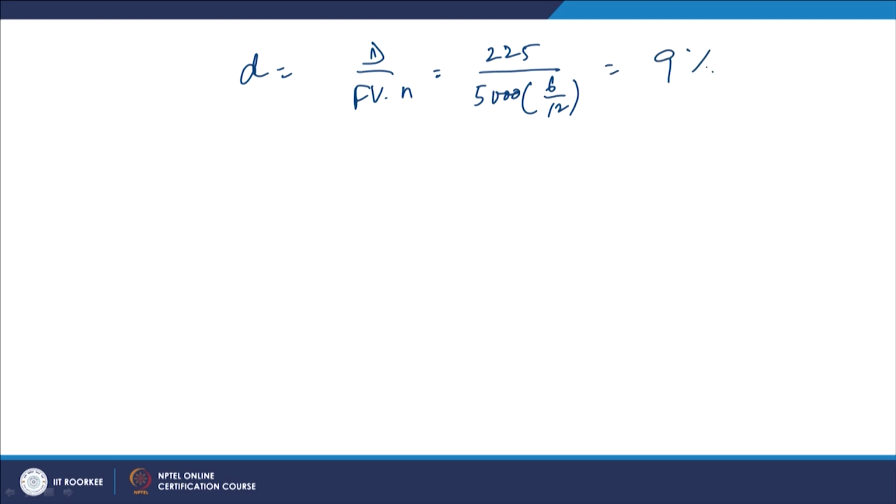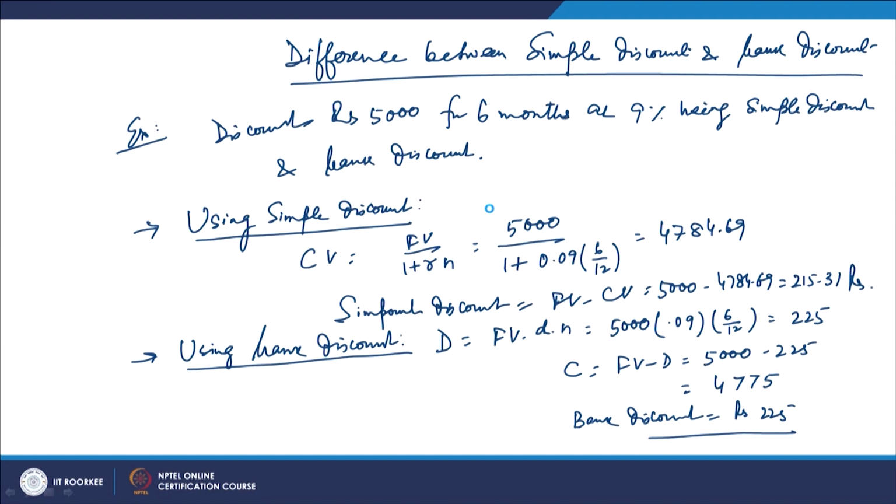Now, if you try to have the rate of interest for this, you have 225 as the discount, and you have 4784.69 and then 6 by 12. 4784 is the current value, because when you are talking about the rate of interest you have to know about the current value only.